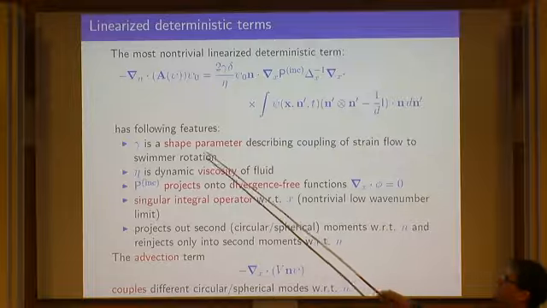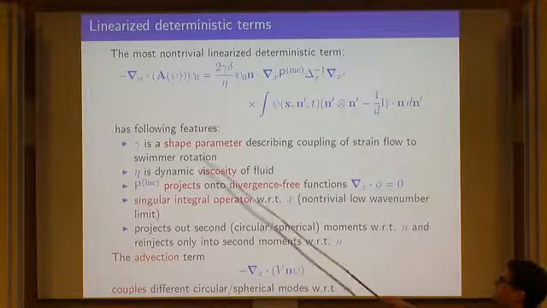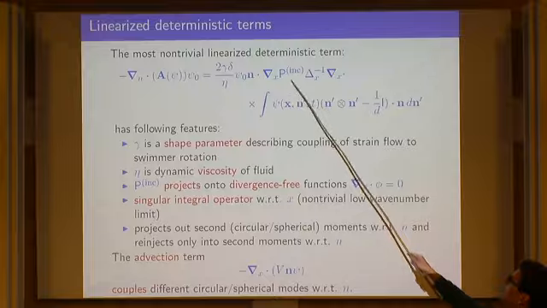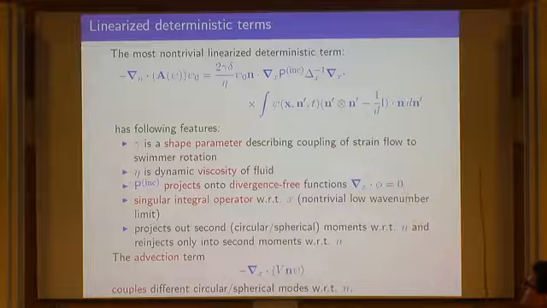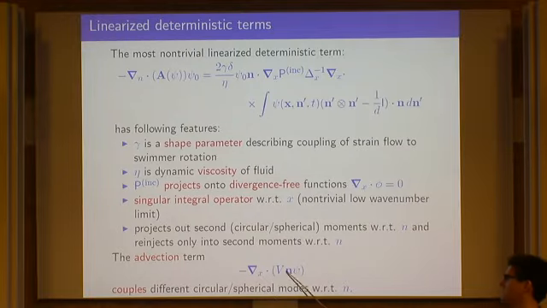So gamma is a parameter that characterizes the shape of the swimmer, then dynamic viscosity, projection onto the incompressible part of function space, and the advection term is very simple, but it actually stops the thing from being very easy because it will couple different orientation modes because of the coefficient of n there.